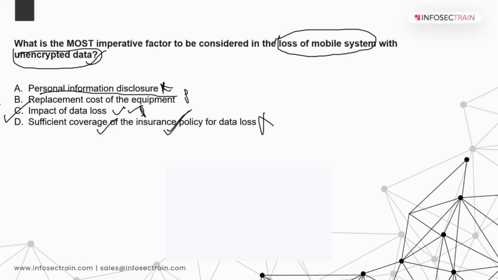If the question said loss of mobile system containing personal information, PII, then you can start thinking about personal information. The question is not saying that, so how can you assume? There is no mention of PII. If it mentions a mobile system containing PII, then you have to start thinking about your PPT.